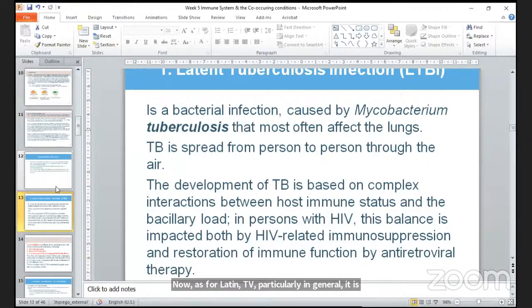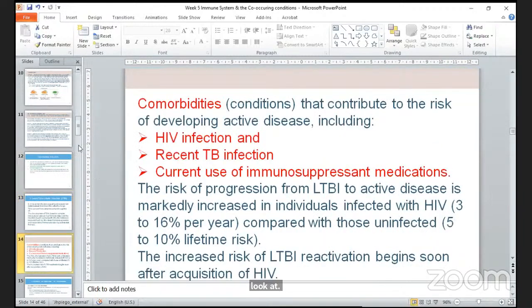Just like I said when we were introducing, we'll be looking at tuberculosis, latent tuberculosis, Toxoplasma encephalitis, histoplasmosis, coccidioidomycosis, candidiasis. Those are the opportunistic infections that we are going to look at. I hope we are together.